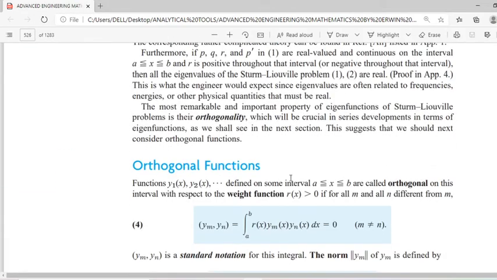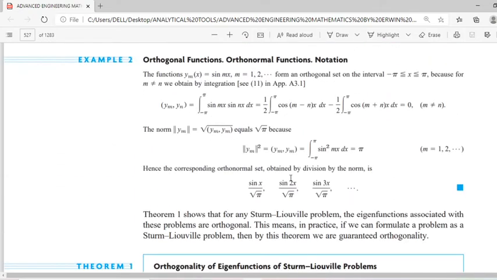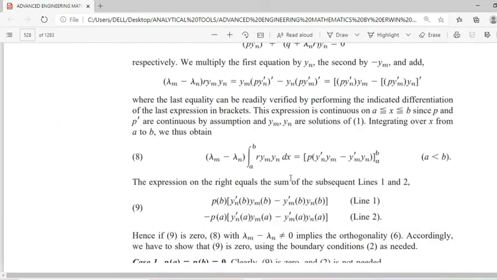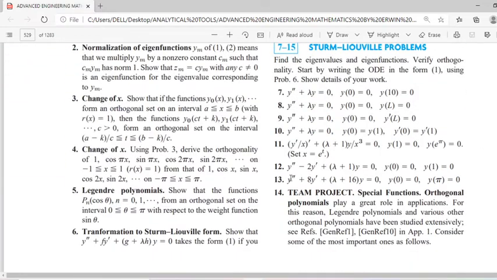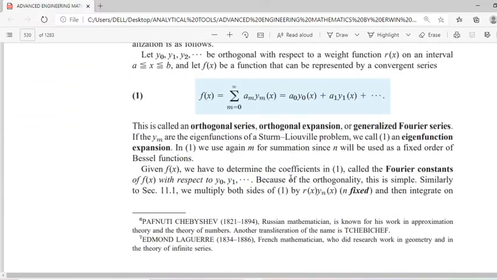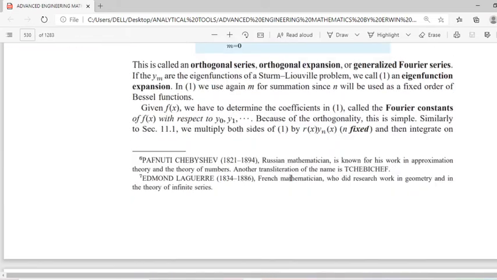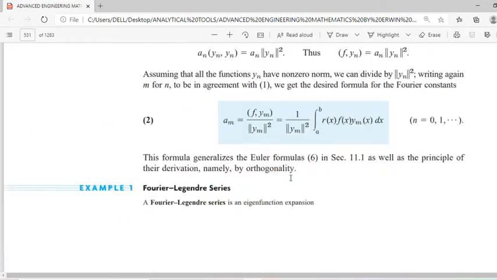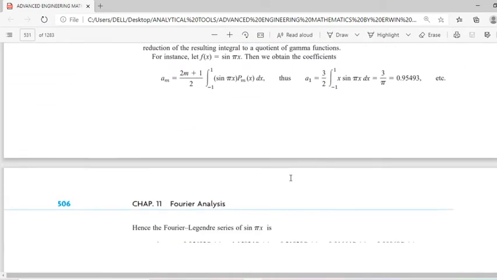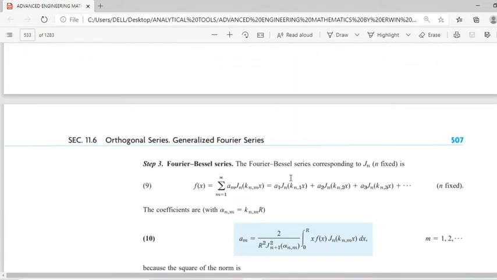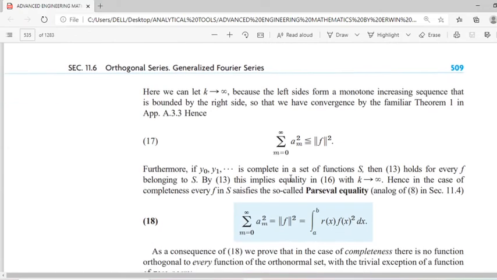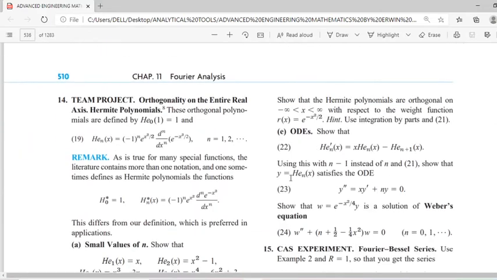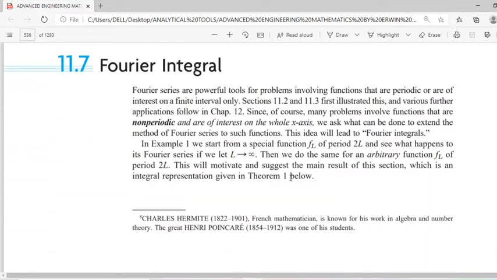Now we will consider Fourier transformations. Fourier integral.